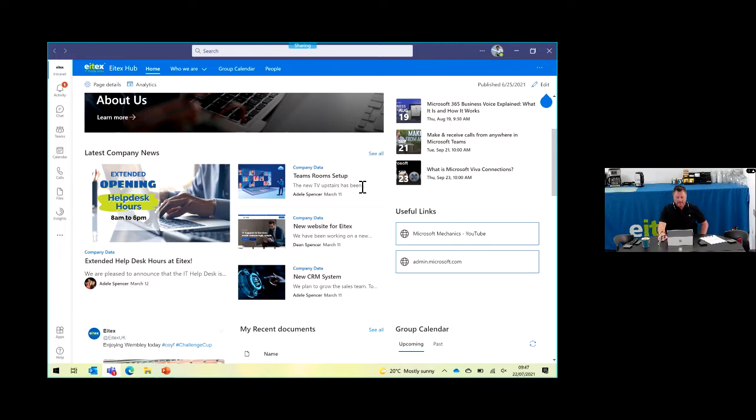So here, for example, we've got a Teams rooms set up. So I'm actually speaking to you on Teams rooms now. I know you can't see it, but I'm actually looking at a big screen, and I can see various things on that screen. And we've got a meeting room table, we've got microphones and all sorts of video cameras and all sorts of things.